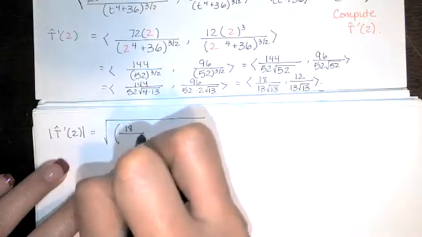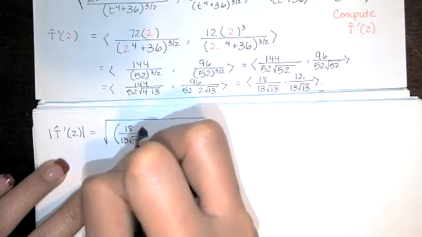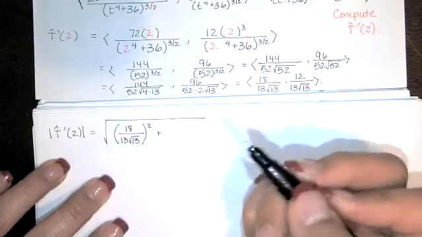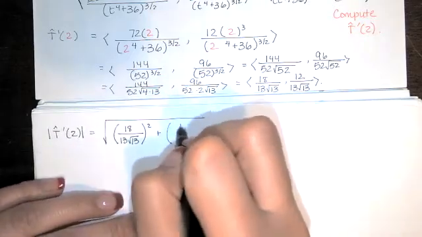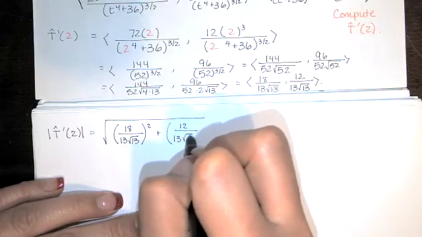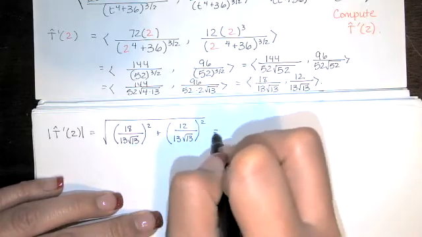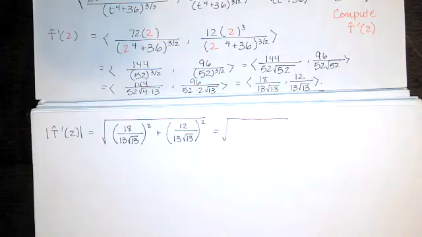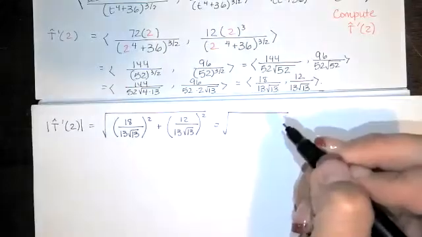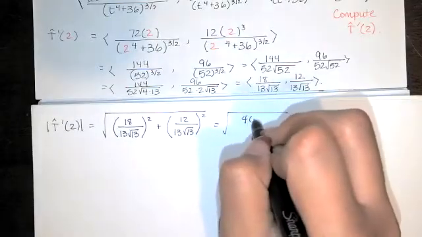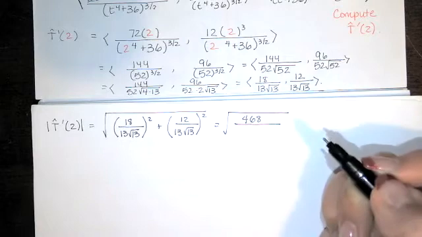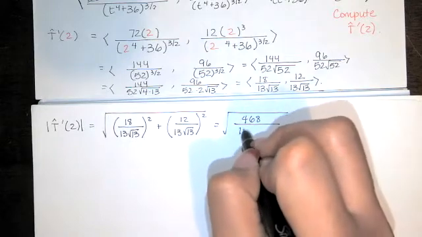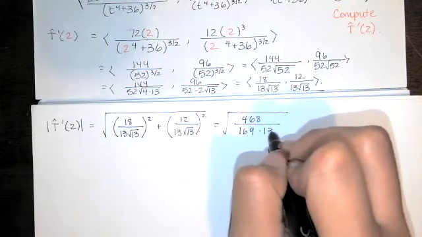Take the components, square them and add them and take the square root. So we'll have 18 squared plus 12 squared in that numerator. That's 468 divided by 13 squared times 13.